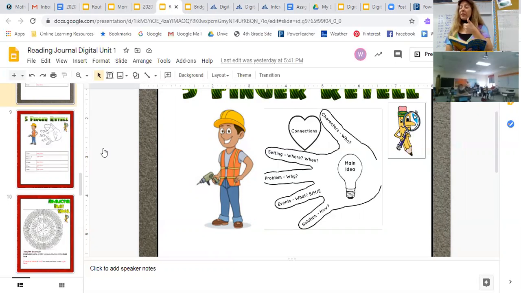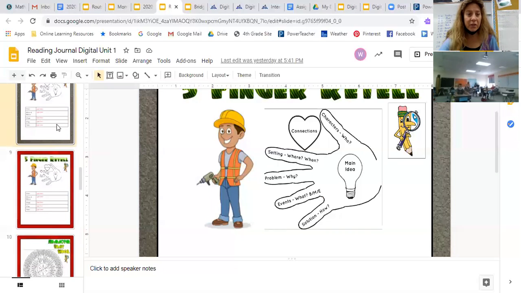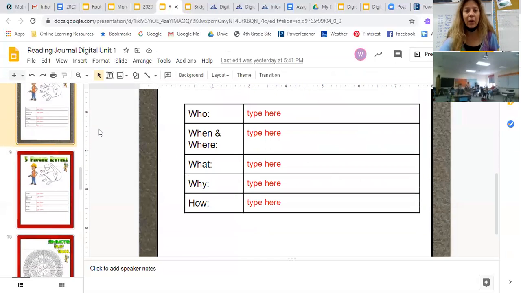Give me a thumbs up if you're remembering that part of the story for Humphrey. That goes all the way back to day 1 of school. How about in the other room? Are you remembering that? Give me a thumbs up if you're remembering those things. Okay. So let me model for you what that's going to look like. So I'm thinking about the who of the story, and I'm going to scroll down.